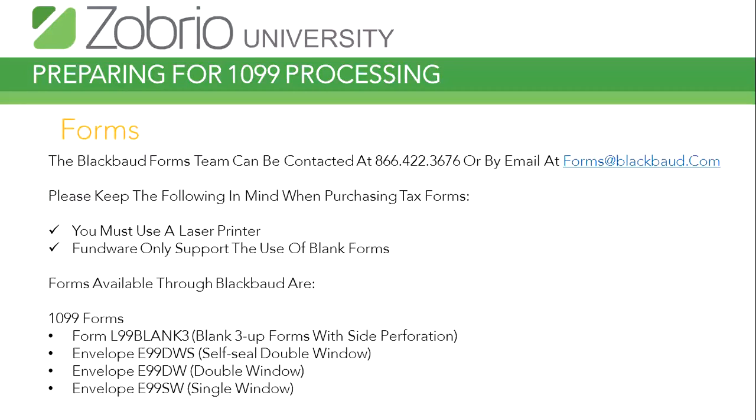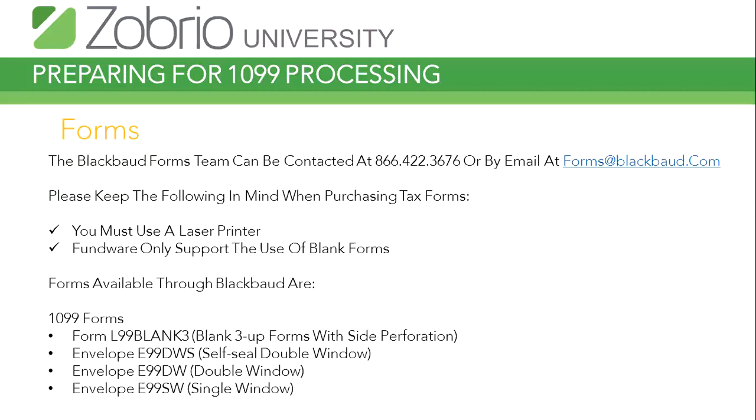Forms are also preliminary to preparing for printing the 1099s; you'll need some forms. In this slide at the top, you'll see a phone number that you can call and also an email address. These are forms that are supported by the software.